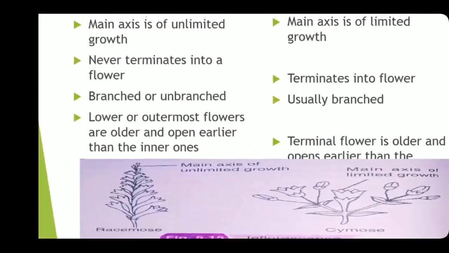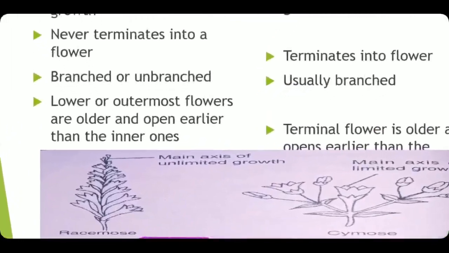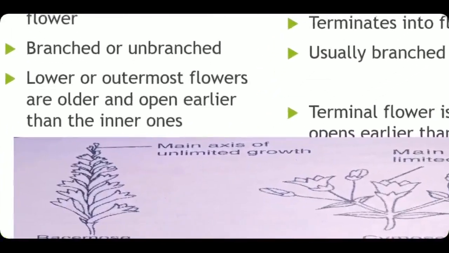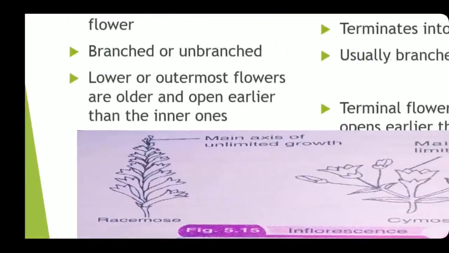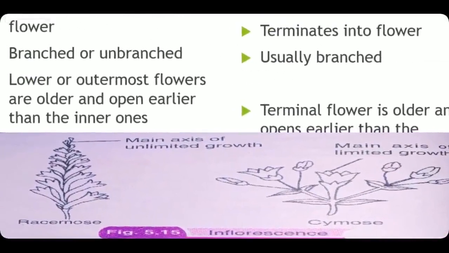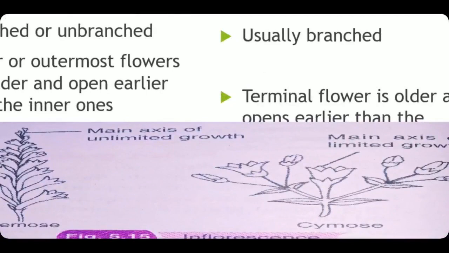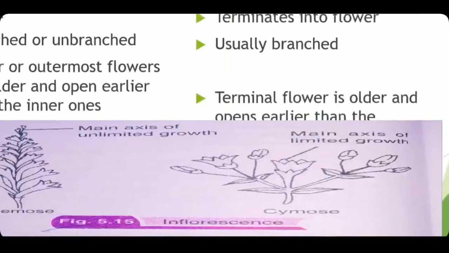The second thing is that in racemose the main axis can be branched or unbranched. It can form different flowers, or it can be unbranched also. But in cymose, it is usually of branched type. The main axis has branches, you can see in the picture also.